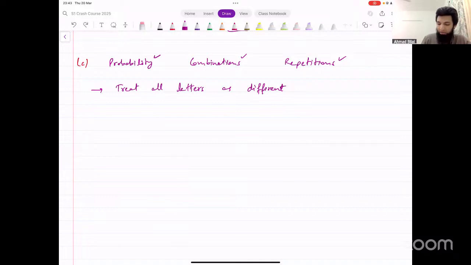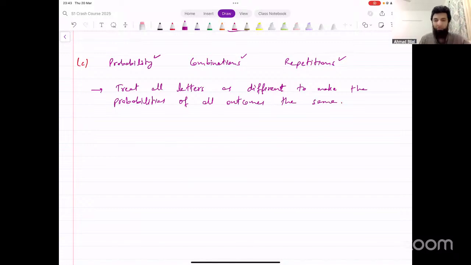We do that to make the probability of all outcomes the same. Okay, if we want the probabilities of all outcomes the same, only then we can use the probability formula. For that, what we do is we treat all letters as different.